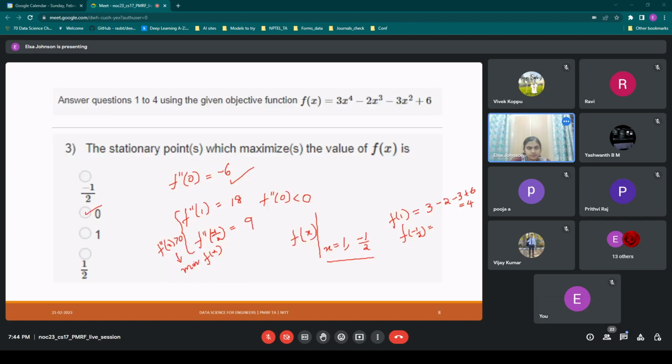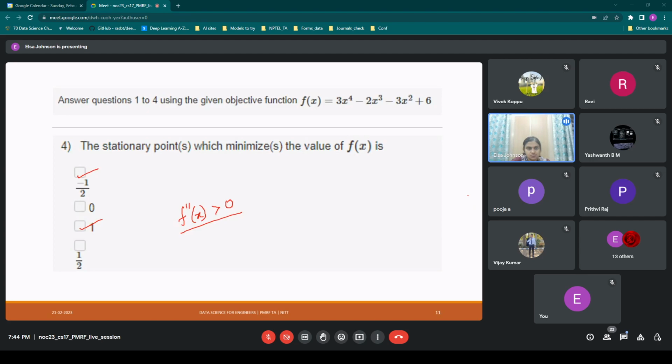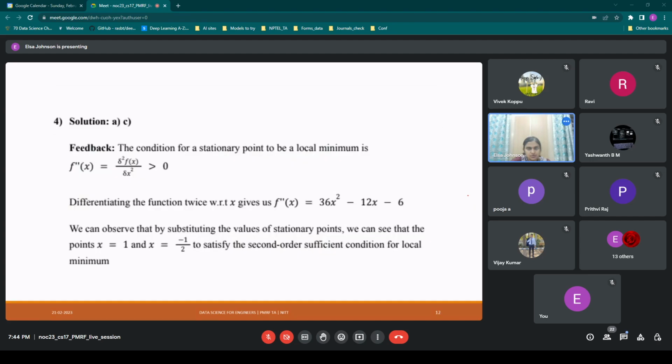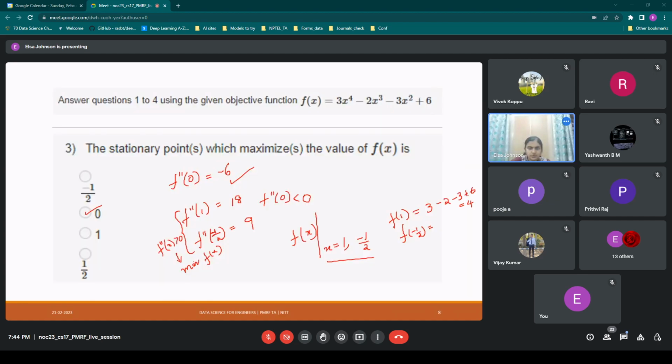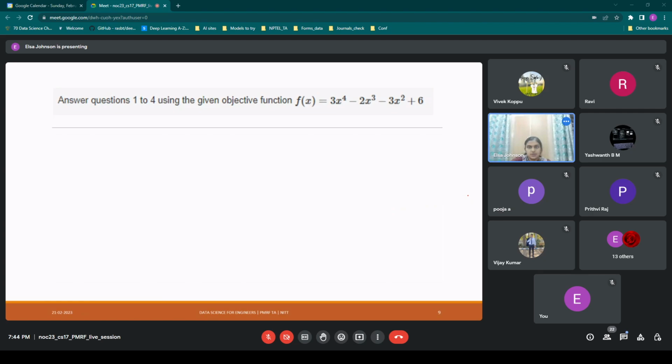Wait, so let me see. Okay, we'll solve that. So f double dash of x, the double dash was coming like how much? 36x square minus 12x minus 6, right?